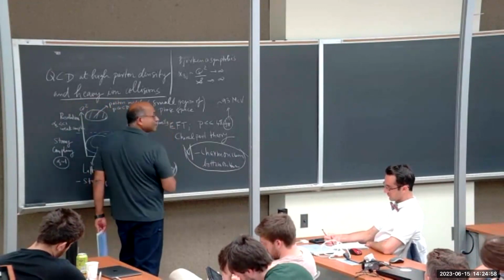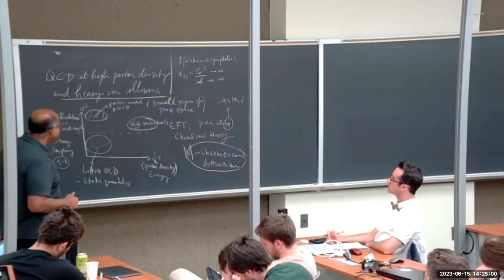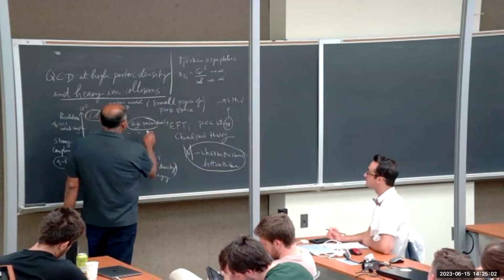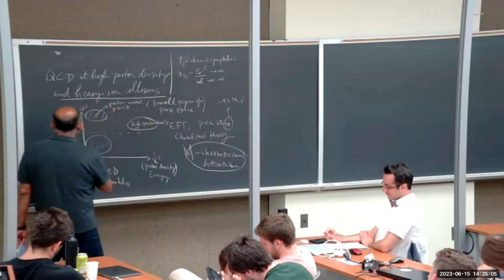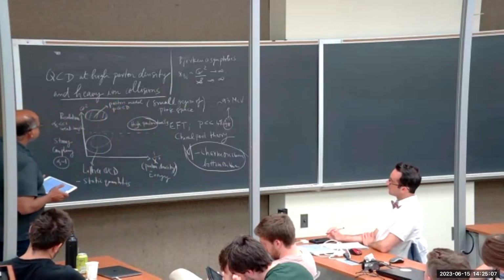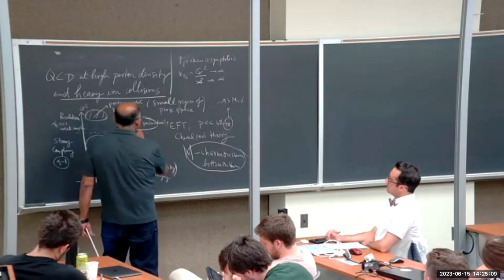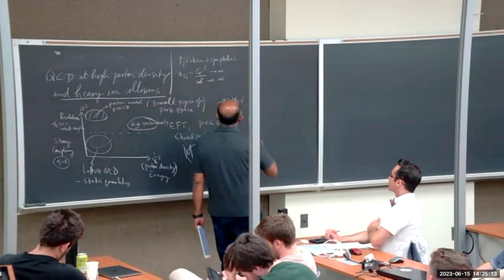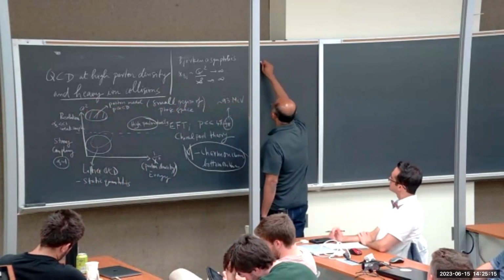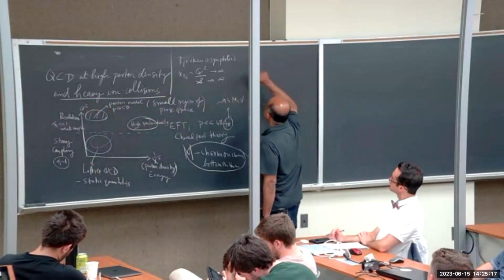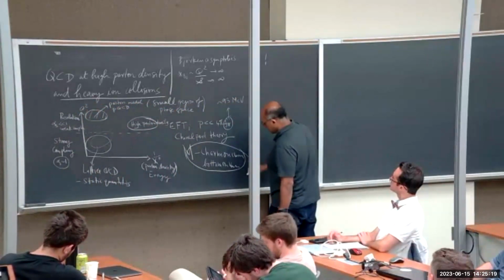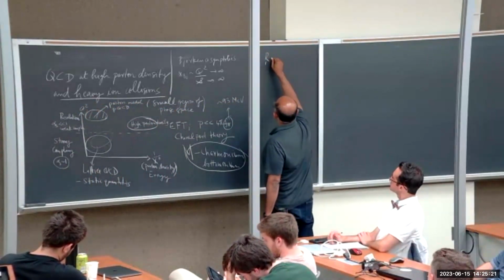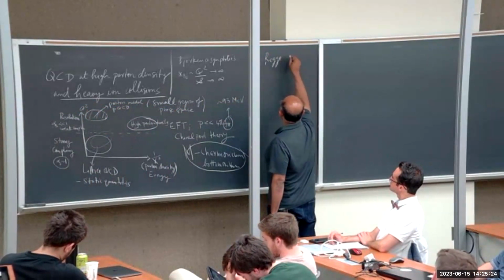Yeah, I hope you can see that over there. And so that's an interesting regime because the coupling is weak, but the physics is very non-trivial. It's non-perturbative. And the reason is that even though the coupling is very small, I'm going to call this region the Regge region. Okay, so this is Regge asymptotics.